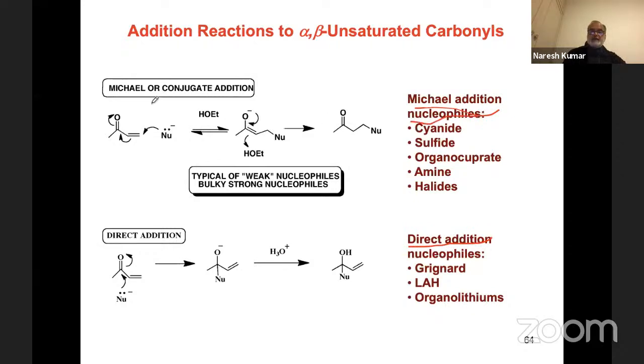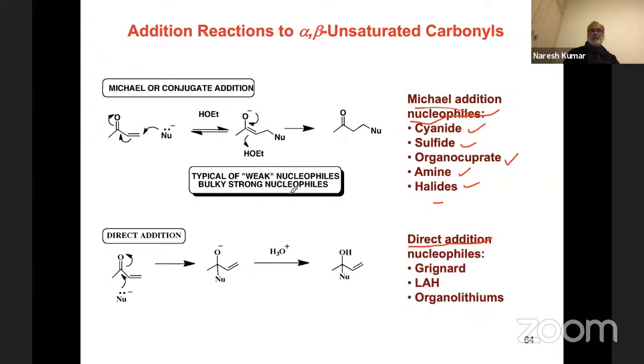And this is the Michael or conjugate addition chemistry, where the nucleophiles are cyanide, sulfide, organocuprate, amines, halides, and also, I told you, this can be thiols, and thiols are represented by sulfides. The sulfur nucleophile will attack onto that carbon in a Michael addition manner to give you the Michael addition product or conjugate addition product.